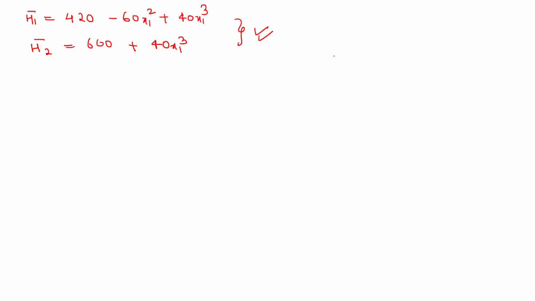So generally h is given as a function of x1 and x2, right? So h1 is equal to h at x1 equal to 1, and h2 is equal to h at x2 equal to 1.